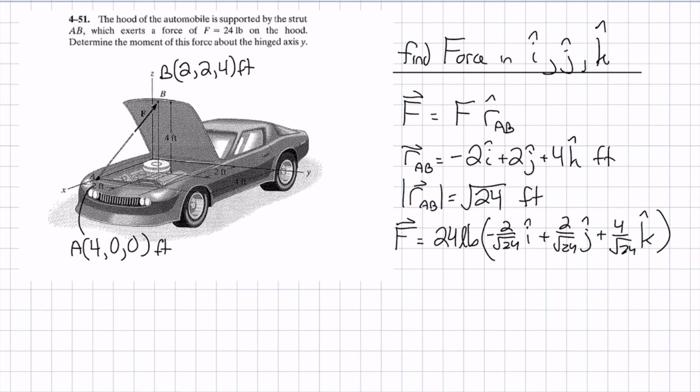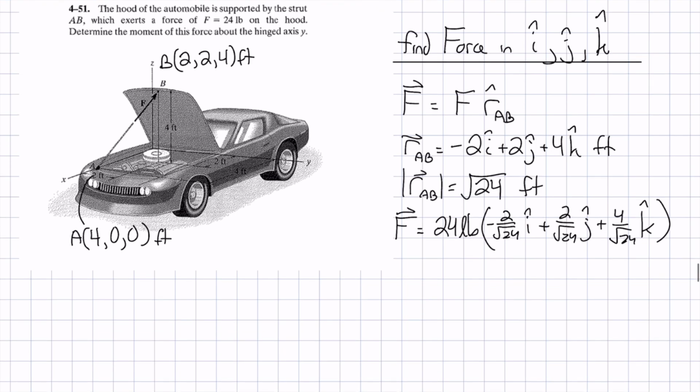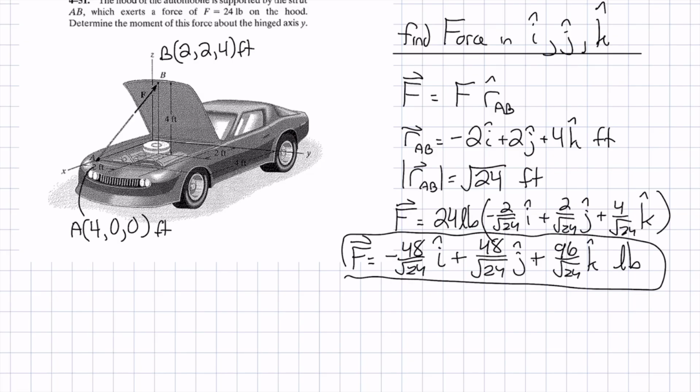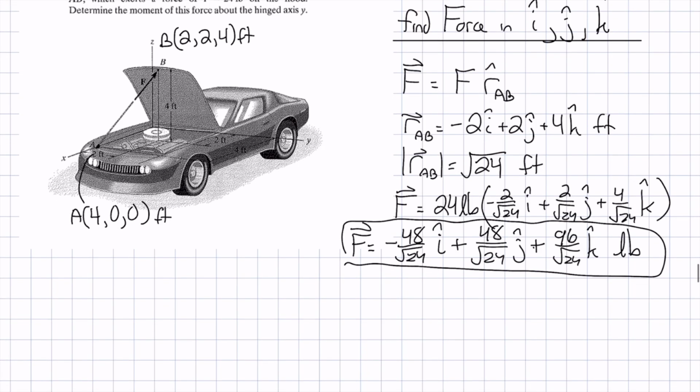These numbers don't turn out exact, so I'm going to leave them as root 24 for now, because it's easier than writing down all these decimal places. So this is negative 48 over root 24 I hat, plus 48 over root 24 J hat, and 4 times 24 is 96 over root 24 K hat pounds.